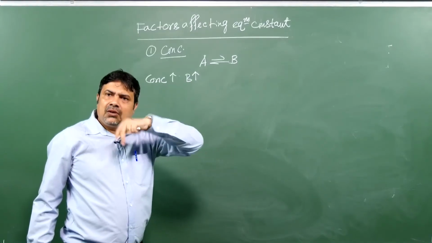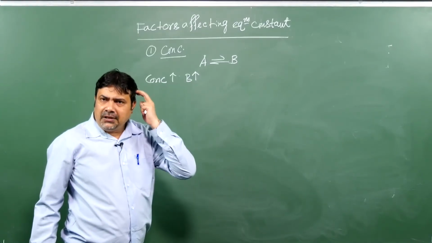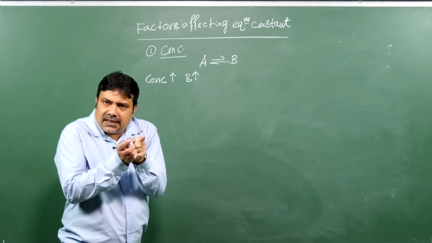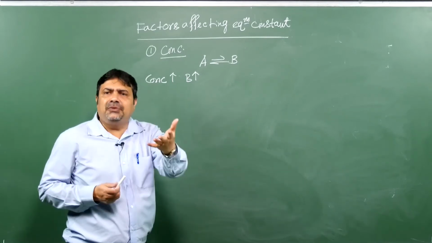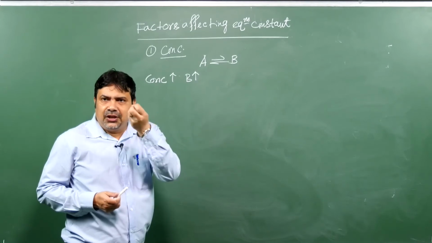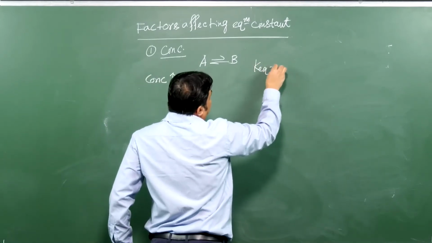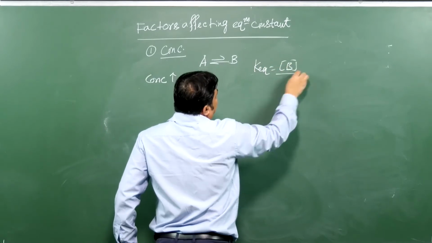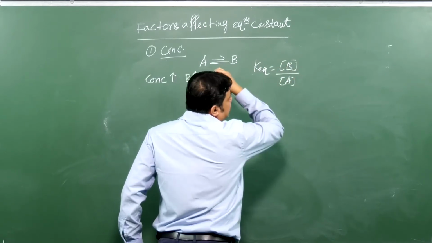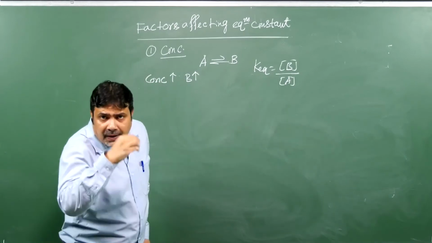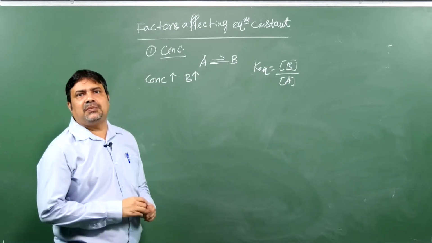Then what will happen? More A will be formed so that the ratio will be the same. That is why the equilibrium constant cannot be changed, because its name is equilibrium constant. You look at the idea. The equilibrium constant expression will be equal to B by A, the active mass or molar concentration of the product by that of the reactant.